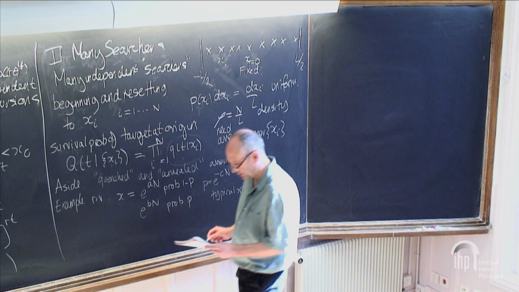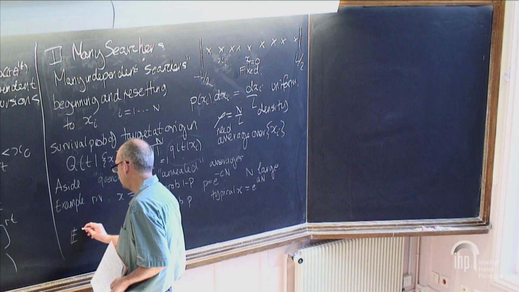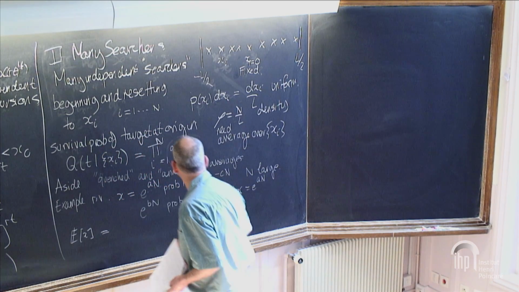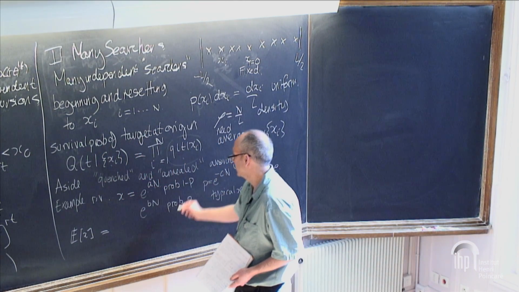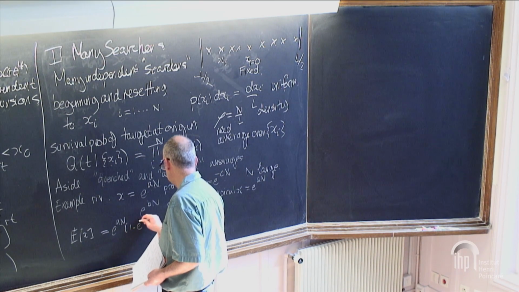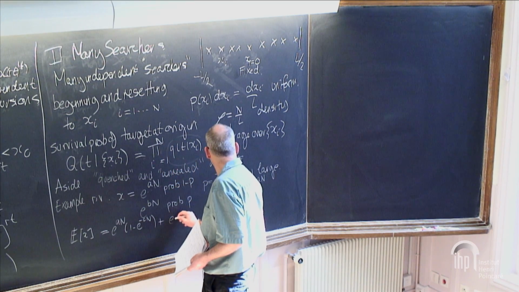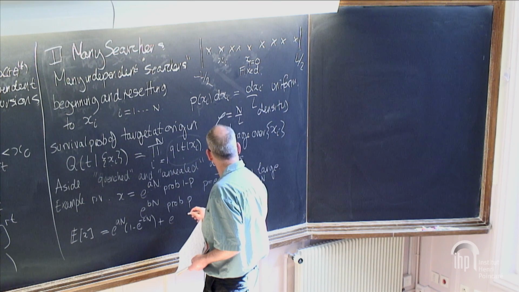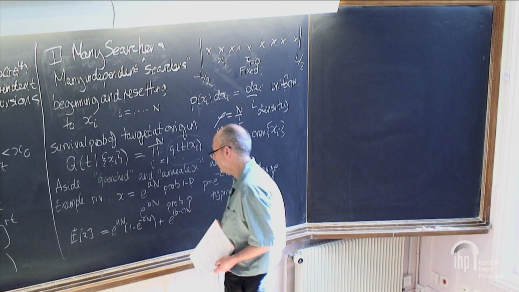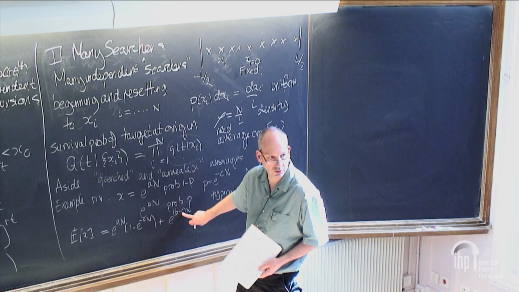However, if I take the expectation of x, I'm going to get e to the an times 1 minus e to the minus cn, plus e to the b minus cn. And the interesting thing is that it's either the term e to the an, or this term, that will dominate.